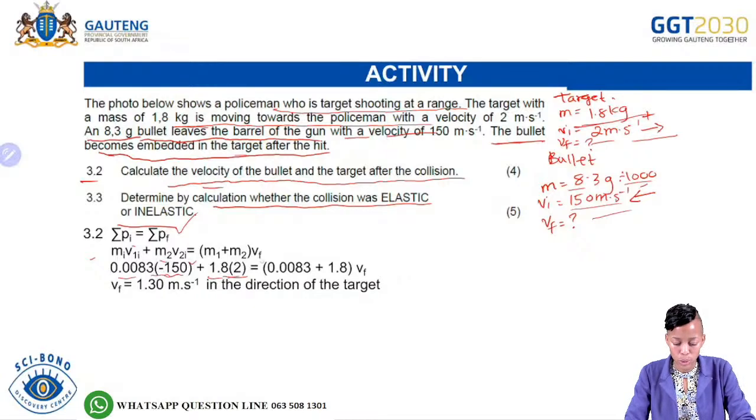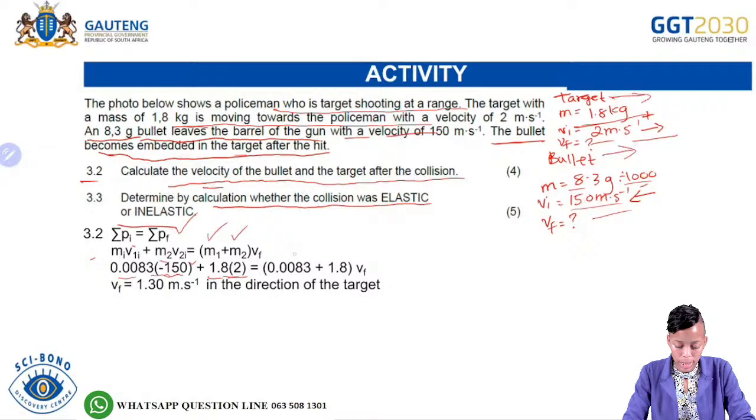From there, remember the statement said the bullet becomes embedded in the target after the collision. So what does that mean? It means that we are going to have a combination of mass 1 and mass 2, that is, the mass of the target and the mass of the bullet.